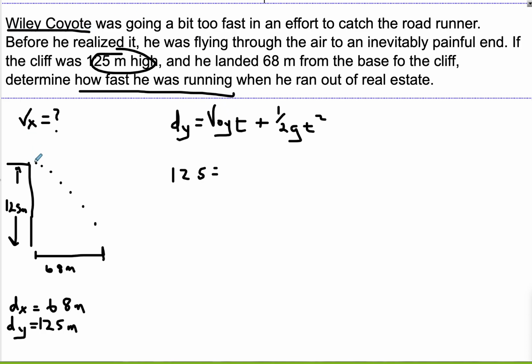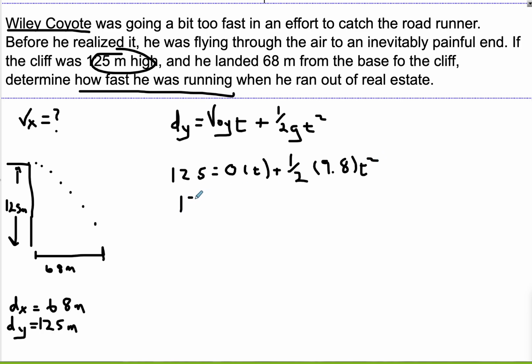So he has that moment when he runs out for one brief moment in time. His starting speed in the y direction will be 0, and once again, that's because he's running out horizontally. You know, he's running on the ground and then he's dropped. And that'll be 1/2 times 9.8 times t squared.